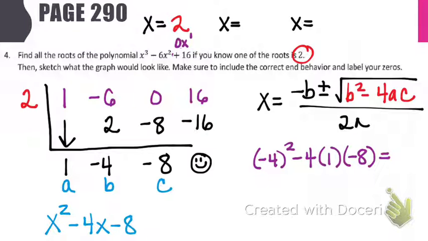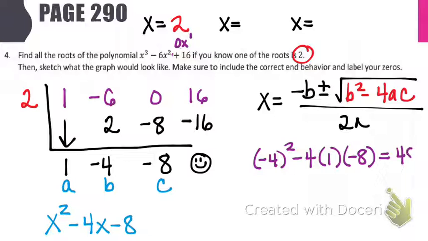Type that in. I got 48. Anybody else get 48? Or did I type it in wrong? Okay. I think it's 48.